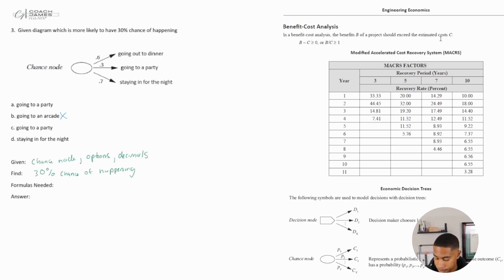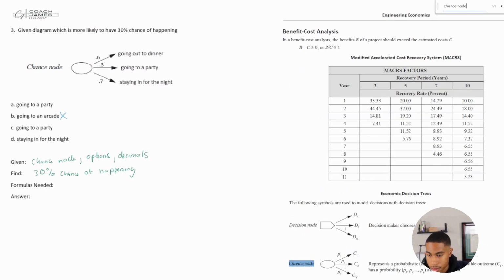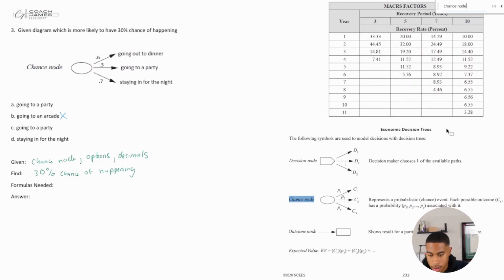Okay, so do we need any formulas for this? Well, luckily from the last problem, we're in the engineering section, right? Let's see if we can look up a chance node. Okay, so chance nodes.